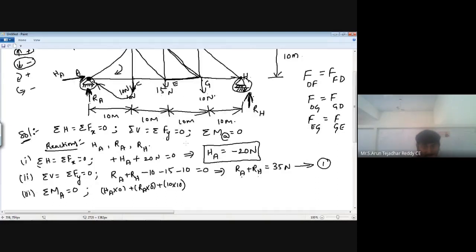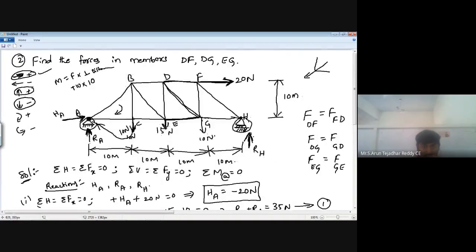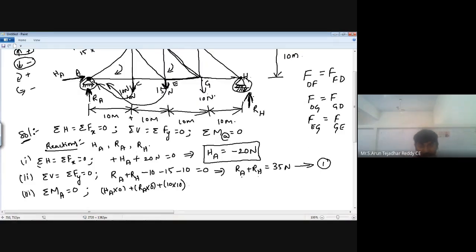Next, again the 15 Newton load is acting from E to A. It means this is moving like this, clockwise. This is also clockwise, so positive. The 15 Newton force is multiplied with the perpendicular distance from E to A, that is 10 meter plus 10 meter, 20. Here 15 into 20.